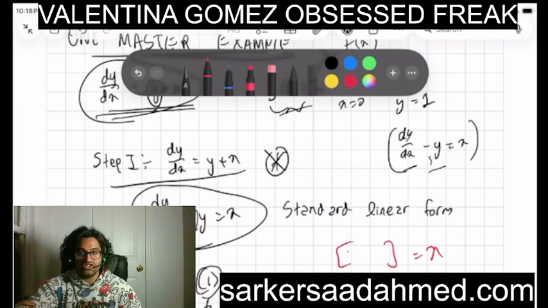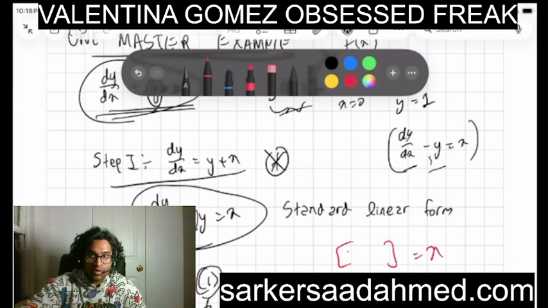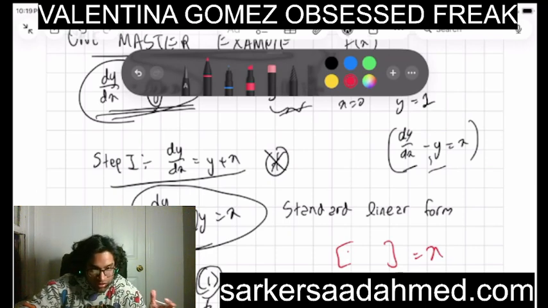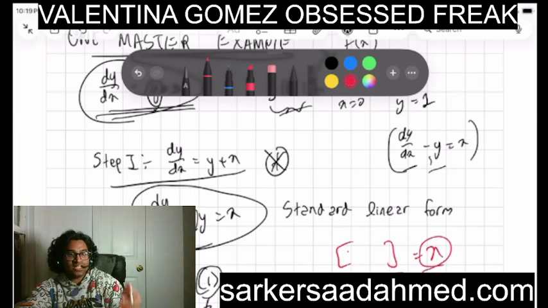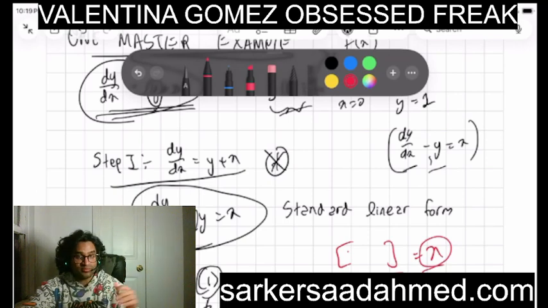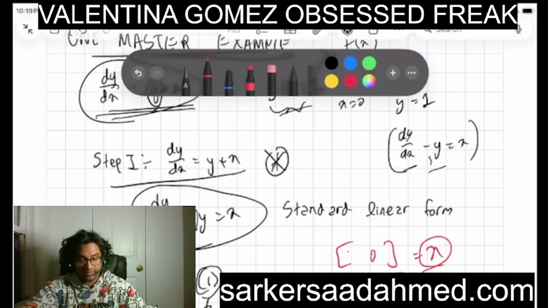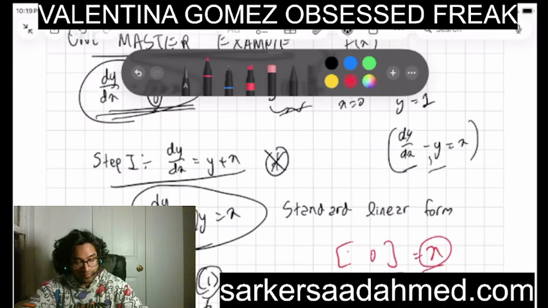Whether you do the separation of variables, integration, or any multiplication, whatever you do, your first step should be that some equation is equal to x, and on the x equation that integrating factor exists.